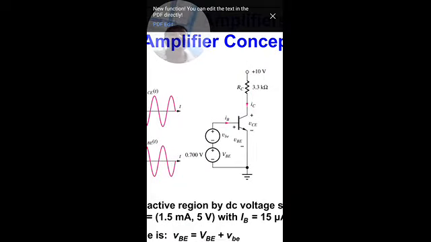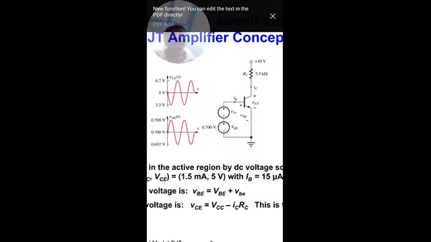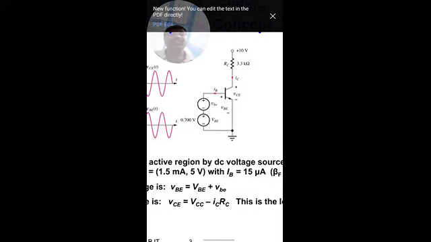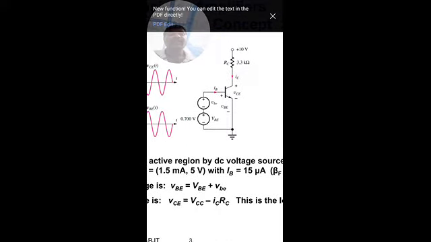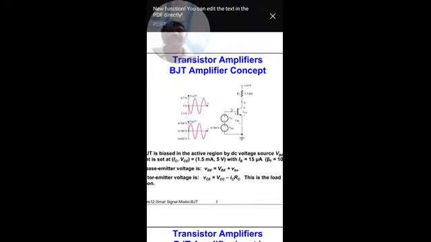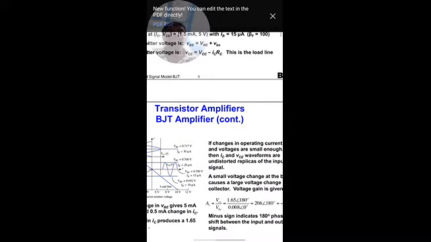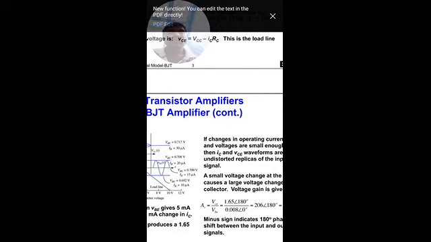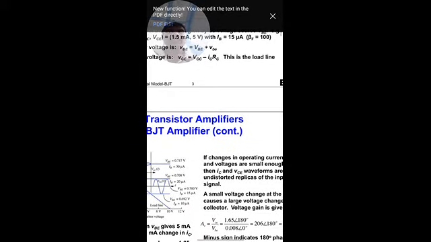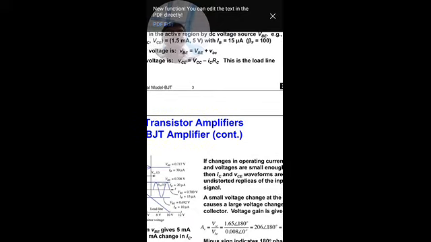We have the circuit given here. VCC is 10 volts, RC is 3.3 kilo ohms. Substituting the values in this equation, VCC is 10 volts, IC is 1.5 milliamperes and RC is 3.3 kilo ohms, so we get the output voltage, with 180-degree phase shift.